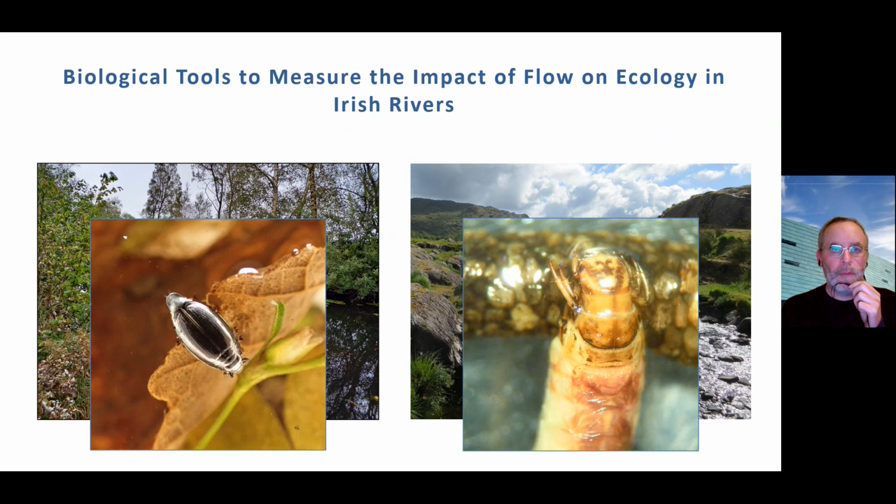So depending on the type of river we're dealing with, we'd expect to find different types of biological communities. And if we have information on the biological community at a site, we should be able to tell something about the current and previous flow conditions or flow regimes at that particular site.